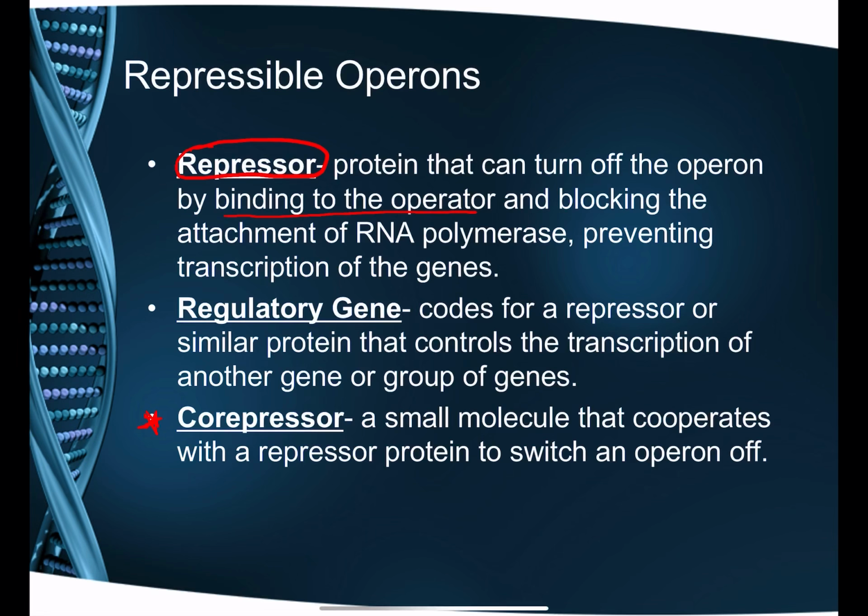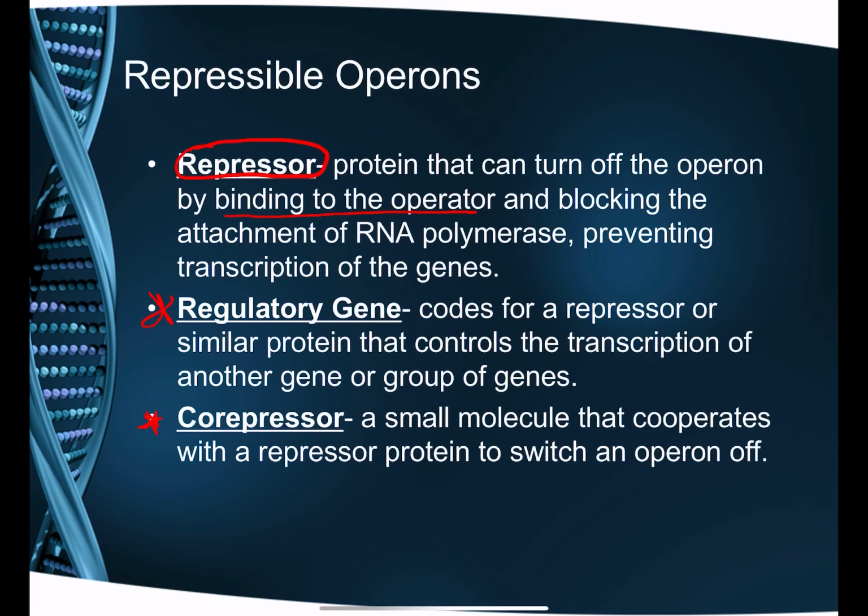Okay? Let's take a look here, though, at this in the middle, these regulatory genes. So what is a regulatory gene? Well, repressors are proteins, and so they have to be coded for in transcription and translation as well. And so the genes that code for the repressor are known as regulatory genes.